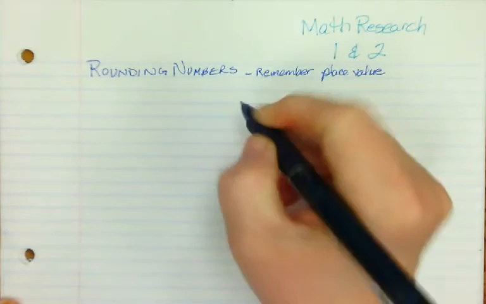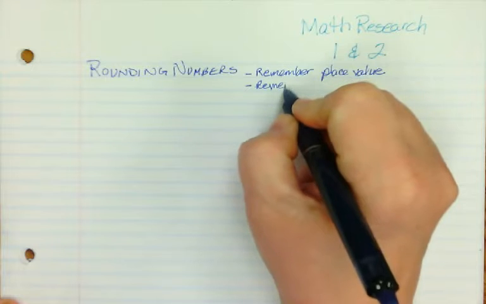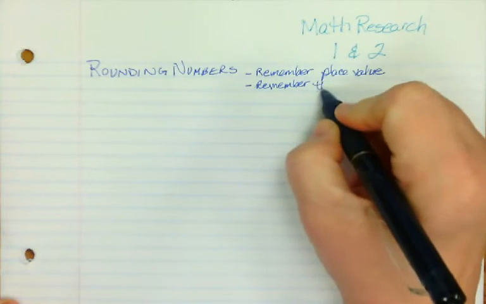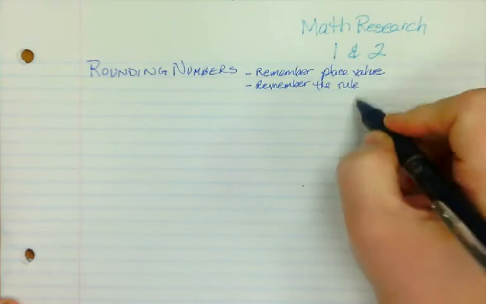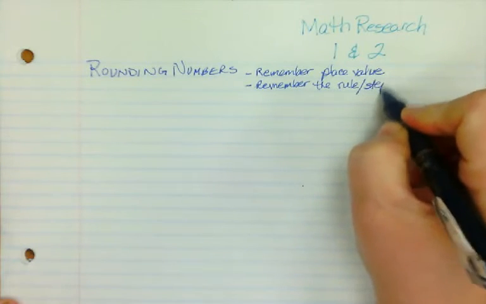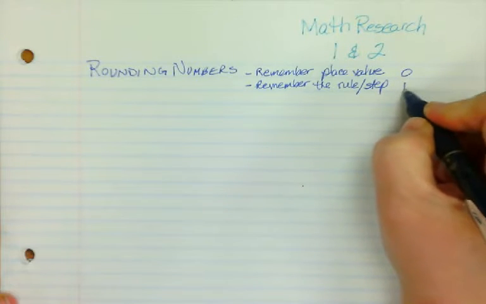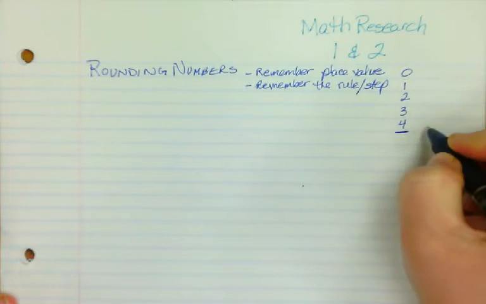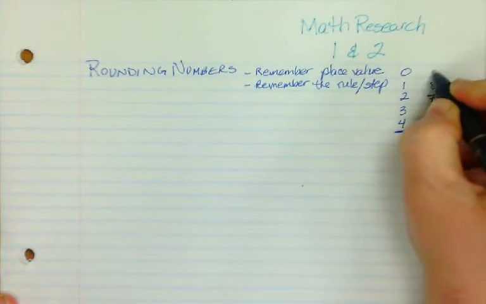And also remember the rule or the step. And that would be 0, 1, 2, 3, 4, 5, 6, 7, 8, 9.